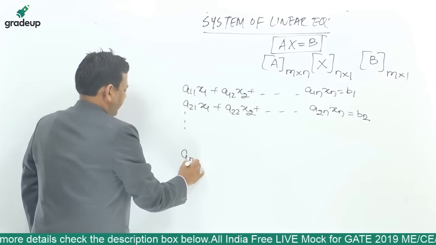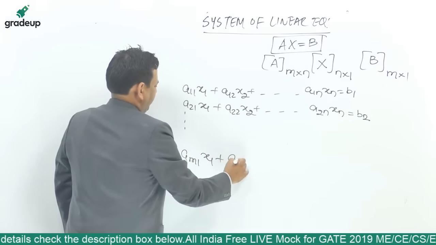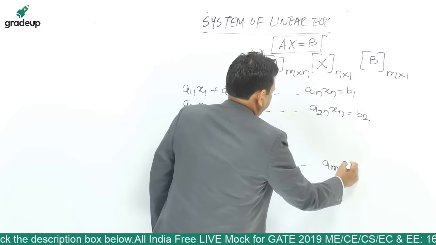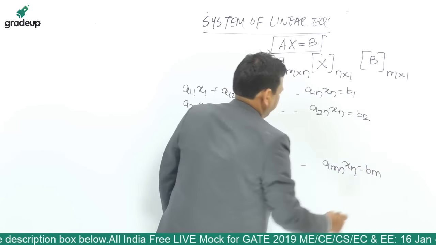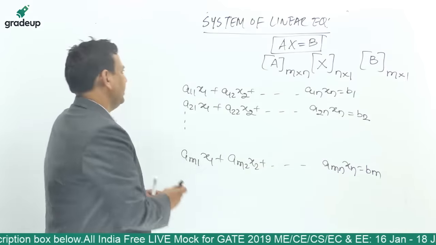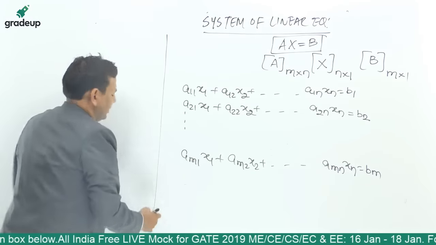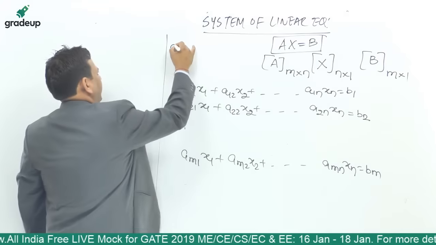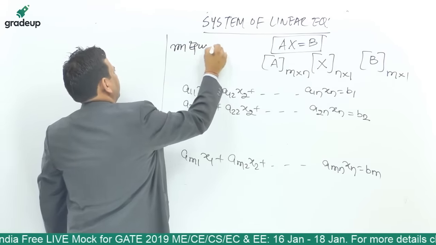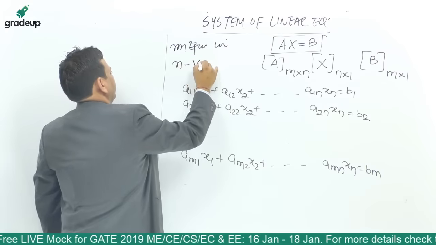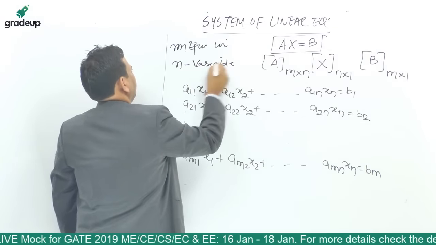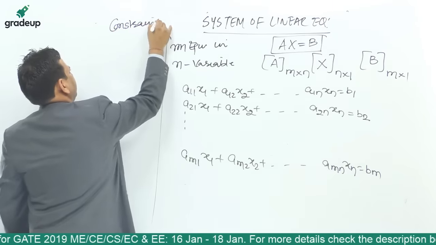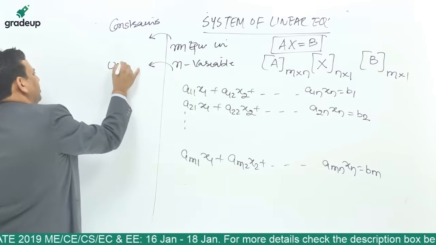Similarly, you will find Am1 x1 plus Am2 x2 plus Amn xn is equal to Bm. This is said to be m equations in n variables, where equation means the constraint and variable means the unknown.